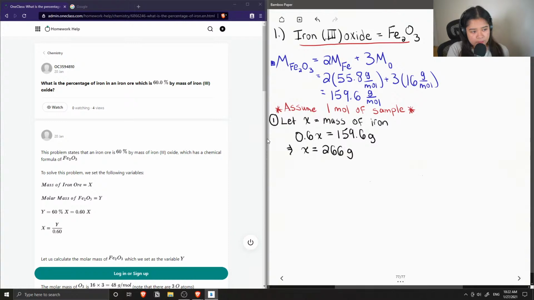Okay, so this is step 1. And now step 2. We know that in iron 3 oxide, there are 2 iron atoms.